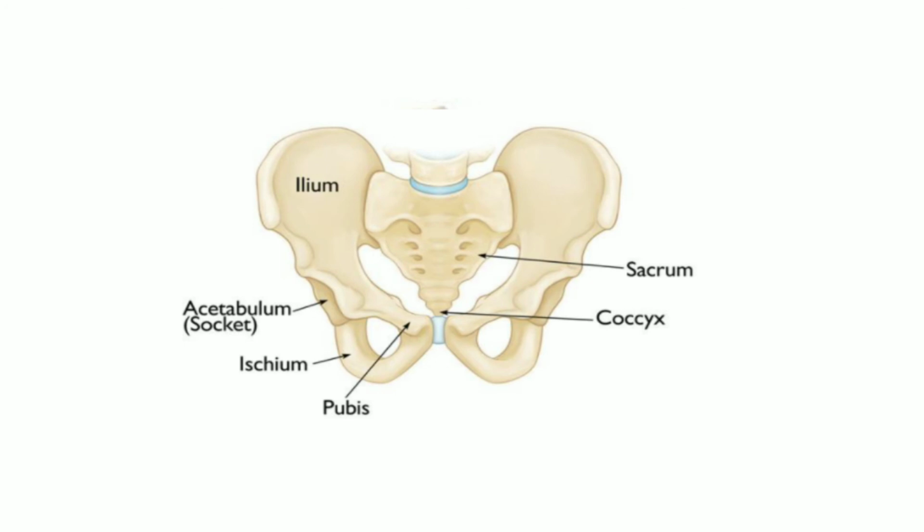The wider one is called the ilium. Then just next to the ilium you can see the acetabulum, that is the socket. Then below the socket you have the ischium, and just next to it you have the pubis. And here you can see the sacrum and coccyx, which we have seen already.